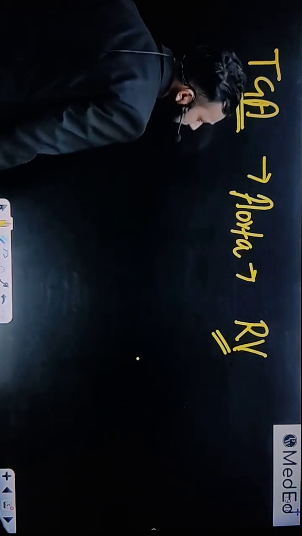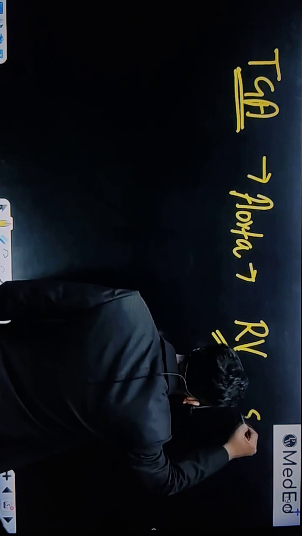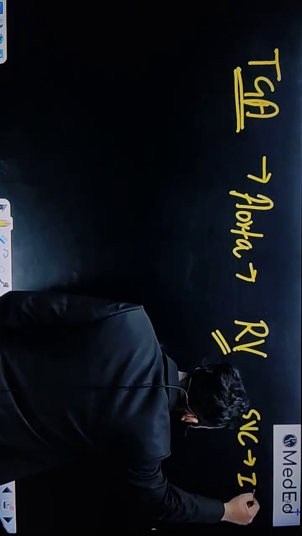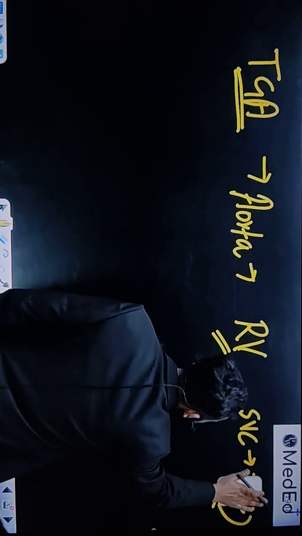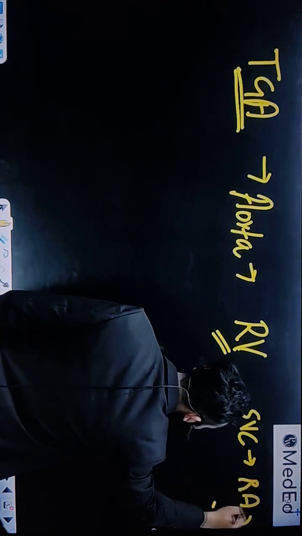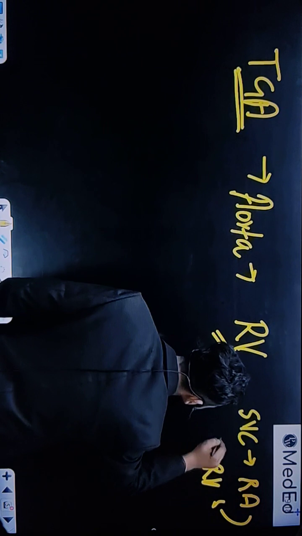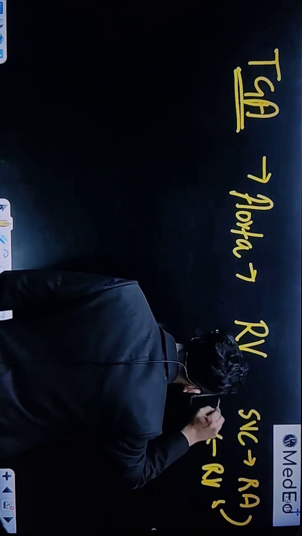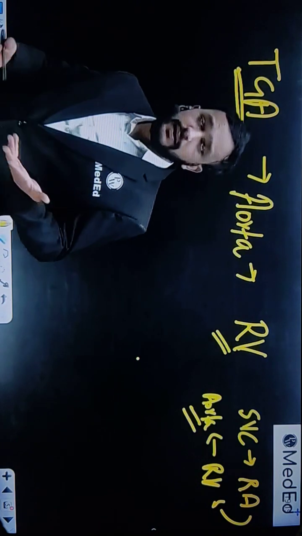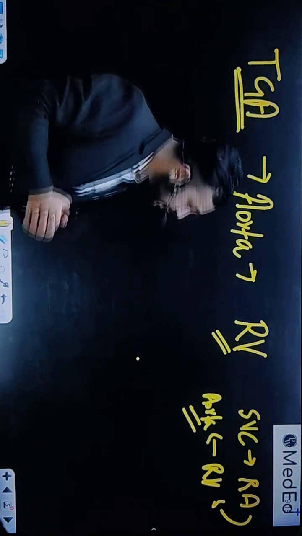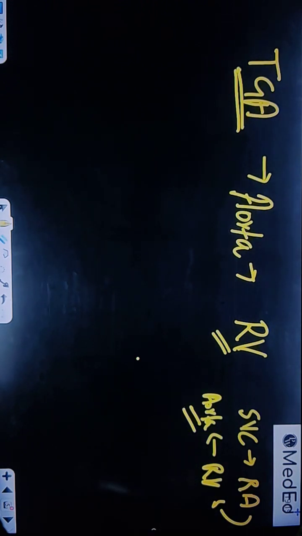So the blood from the SVC and IVC goes into the right atrium, then the right ventricle, and after that it goes into the aorta. Okay, so basically the aorta is receiving deoxygenated blood from the right ventricle, and that is why, guys, it is a cyanotic heart disease.